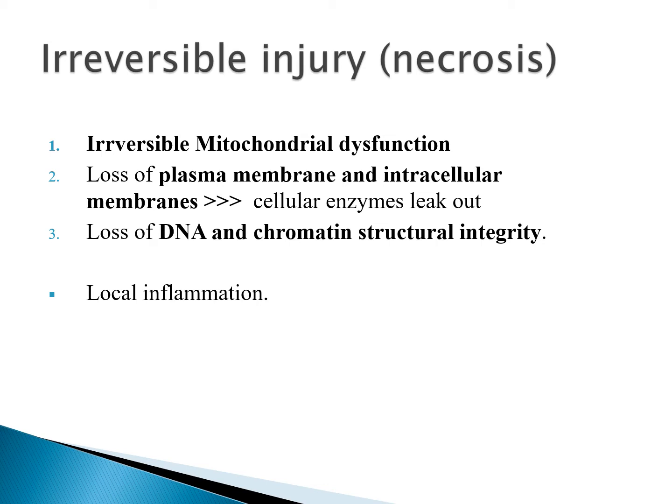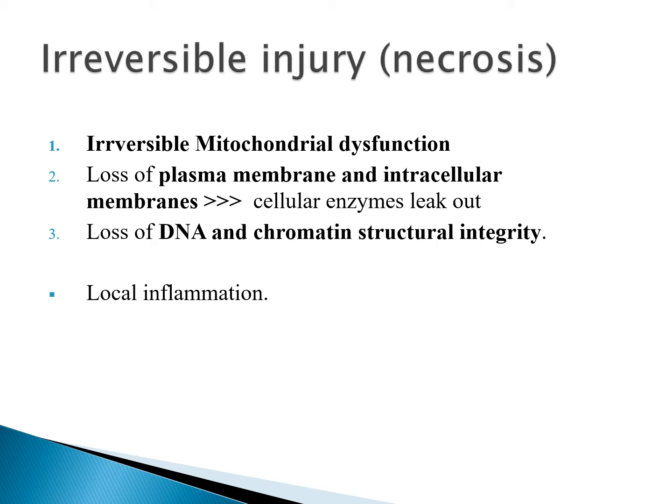The second main ultrastructural feature is the loss of plasma membrane and intracellular membrane integrities. This will lead to rupture of the plasma membrane, discontinuities in the plasma membrane, and rupture of the intracellular membranes like mitochondrial membranes, leading to mitochondrial dysfunction, for example, and the lysosomal membranes, leading to rupture of lysosomes and release of the lysosomal enzymes into the cell.